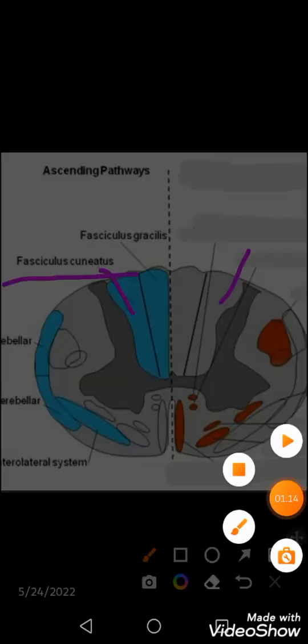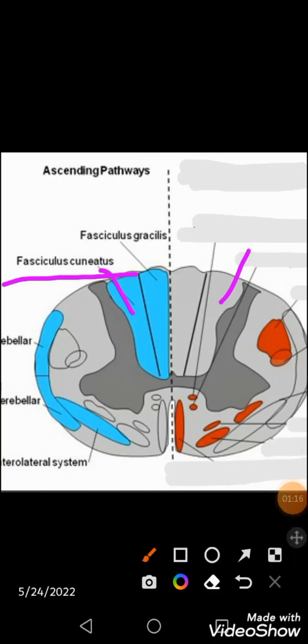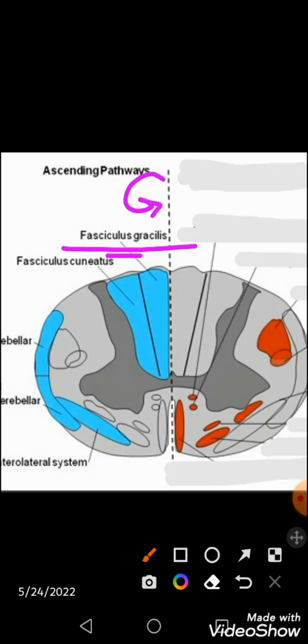And there lies an easy mnemonic for how we remember which fascicle receives which information. So concentrate: the fasciculus gracilis, G is equal to G, G for gracilis and G for ground or floor. So your gracilis is taking information from your foot, floor, ground. You can associate these things.